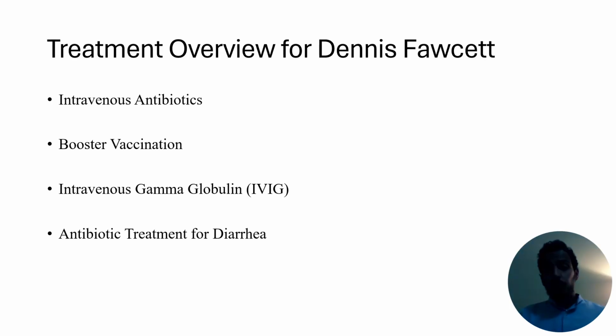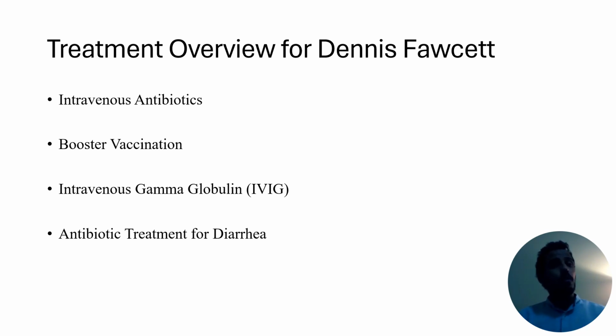To start with, Dennis was treated with intravenous antibiotics to address his severe acute ethmoiditis. Next, Dennis received a series of vaccinations that are designed to stimulate the immune system and produce antibodies against these pathogens. However, the follow-up testing showed no detectable antibodies against tetanus or typhoid after 14 days.